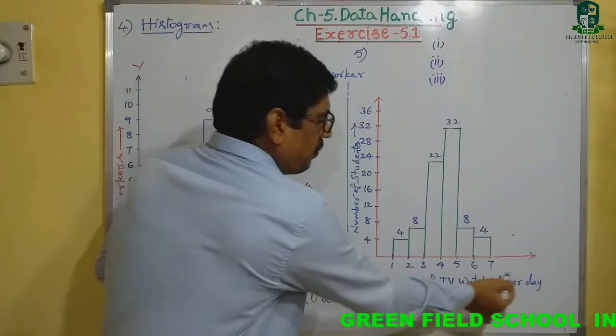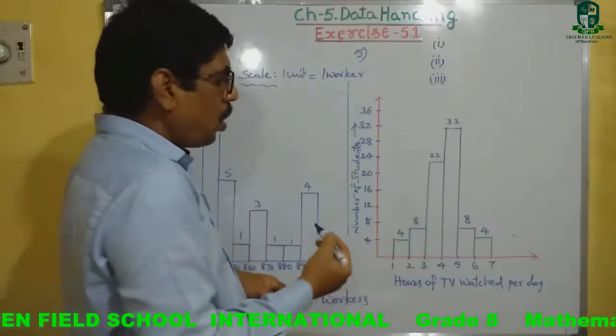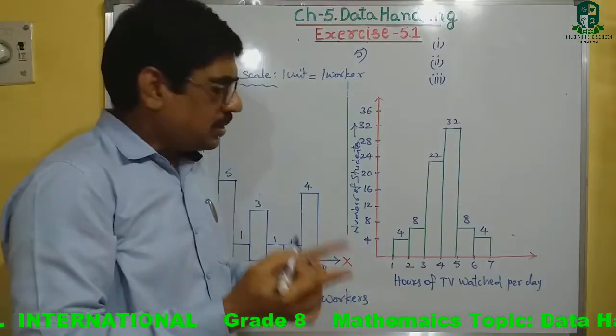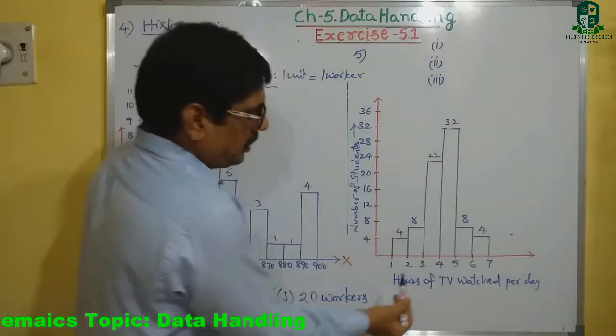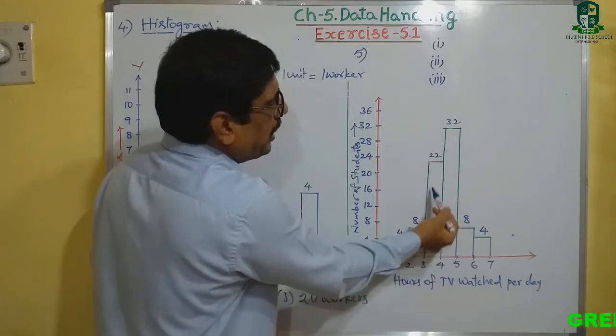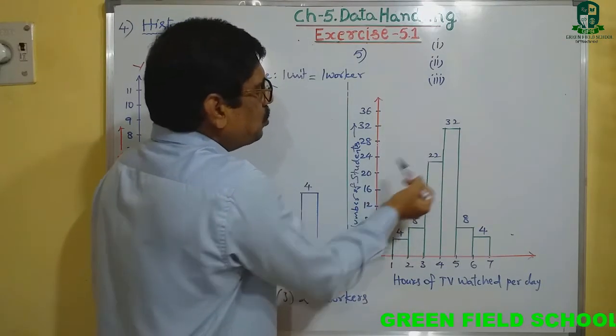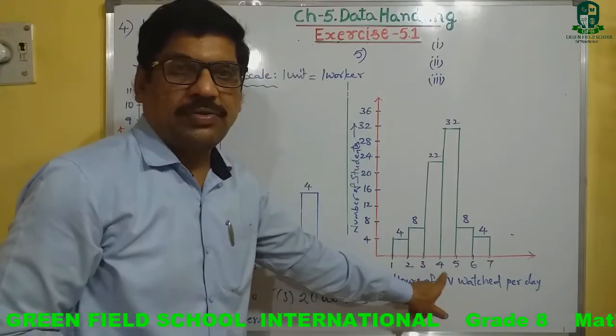Okay, here this is the number of hours watching TV and this is the number of students. How many students are watching the TV for 3 to 4 hours? Look at this and tell me. 3 to 4 hours means in between 3 and 4. This is showing the height 22. There are 22 students watching TV for 3 to 4 hours.